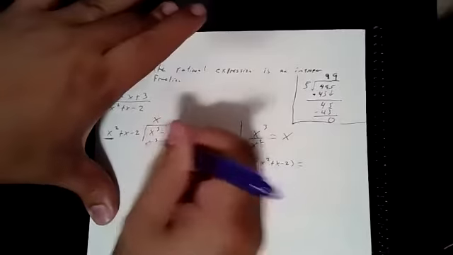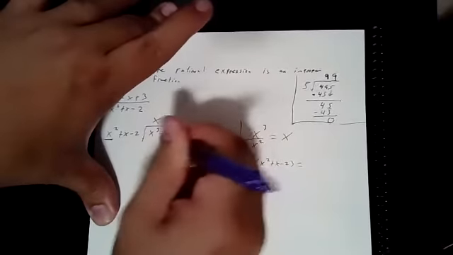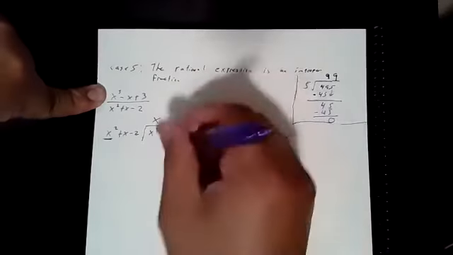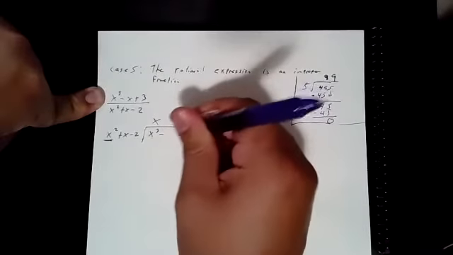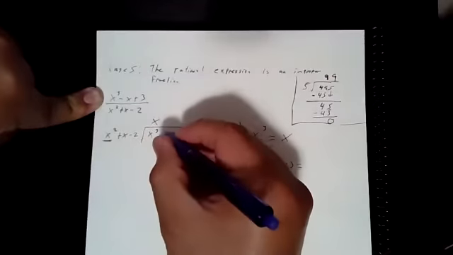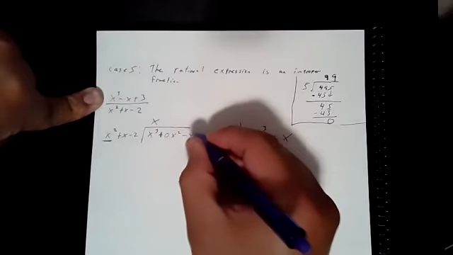Before you start these, you need to put a placeholder. I forgot. So see how there's no quadratic term on top? You've got to put a 0x squared so you don't get confused. So I'm going to put 0x squared minus x plus 3.